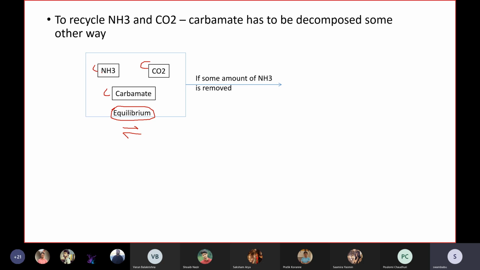Let's say from this equilibrium I remove some amount of ammonia. I have disturbed the equilibrium. What will happen? Can any student guess? I have an equilibrium mixture, and I have removed some of the ammonia from it. What will happen?